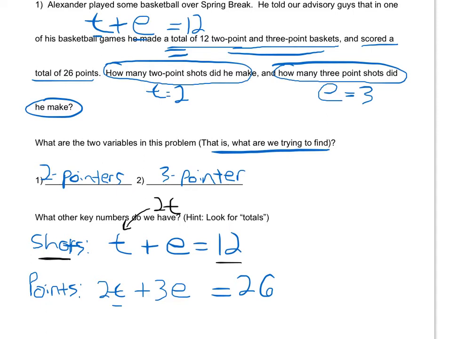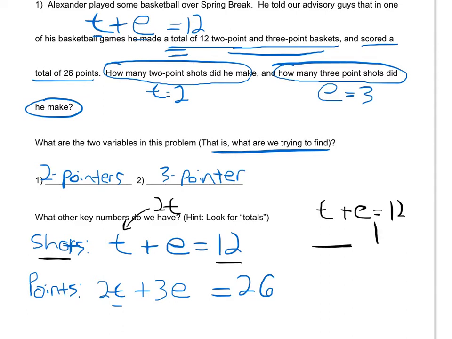All right, now that we have our two equations, this should be easy for you to solve. What method do you think would be the best method to solve this? I would either use elimination or possibly even substitution would work well. Because if you want to use substitution, t plus e is equal to 12.